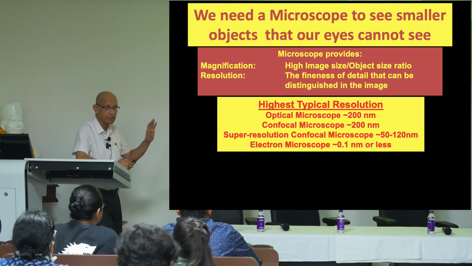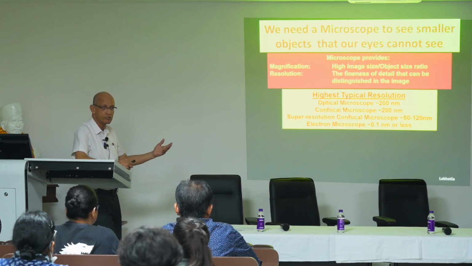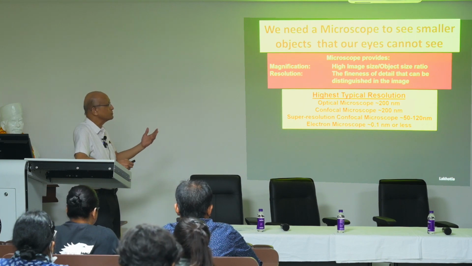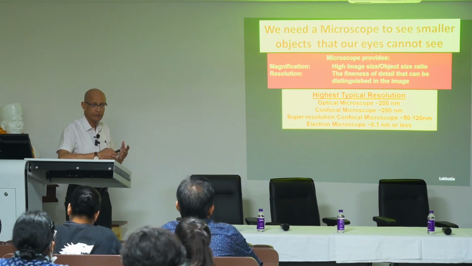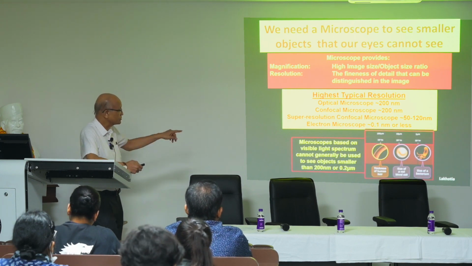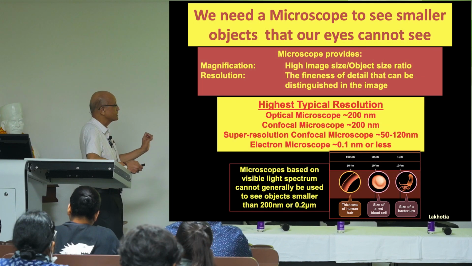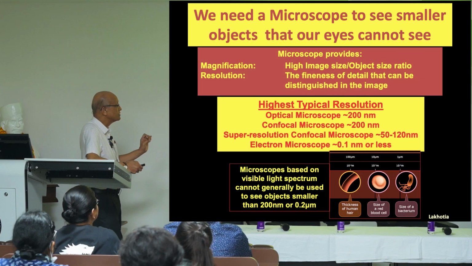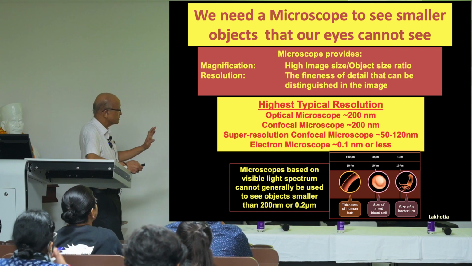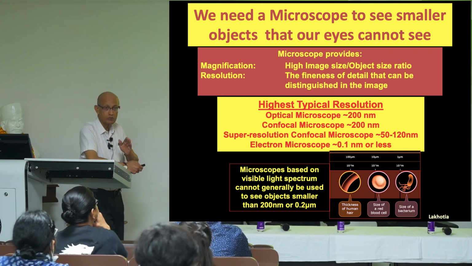But electron microscopy needs a different preparatory technique, confocal needs a different one, and the standard optical microscope again needs a series of different preparatory techniques. So a microscope based on the visible light spectrum cannot be used to see objects smaller than 200 nanometer. That's where we need to go to other modes of microscopy.